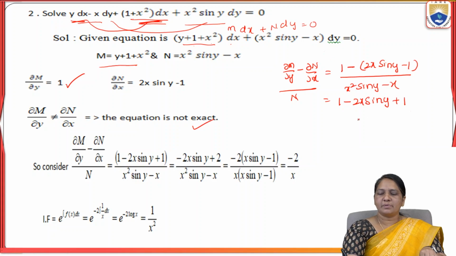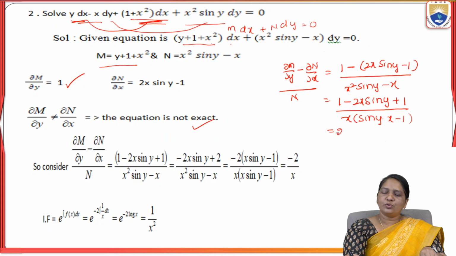Here minus of minus is plus. So we are taking x common here, x sin y minus 1. So here we are getting 2 minus 2x sin y by x into (x sin y minus 1).